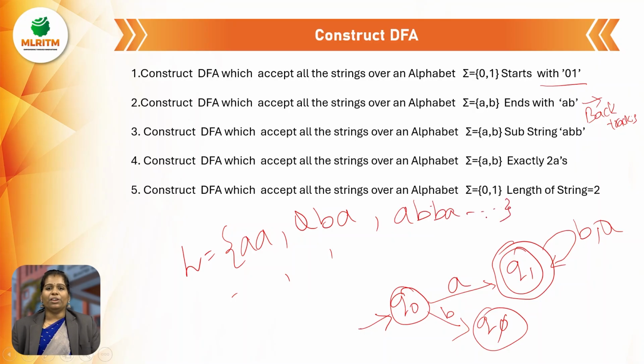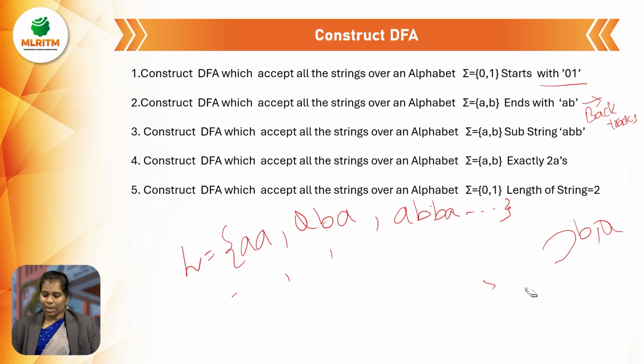Here we have only exactly 2 A's. Exactly 2 A's means the string contains only 2 A's with a combination of B's also. Don't think that B's will not be included. B's are also included, and we can use n number of B's, but A's should be only 2.